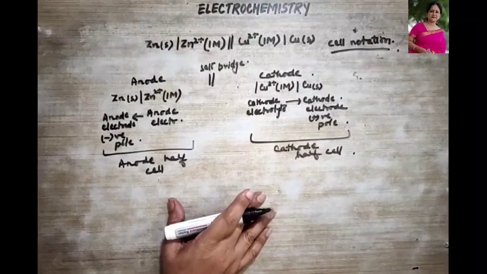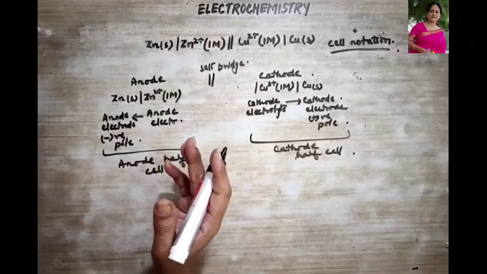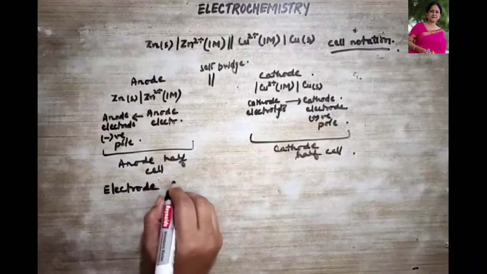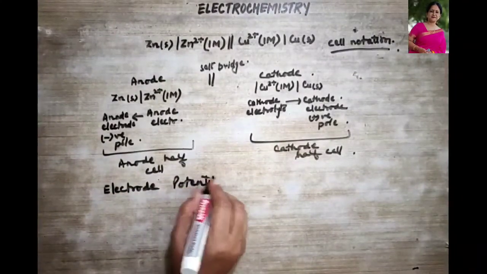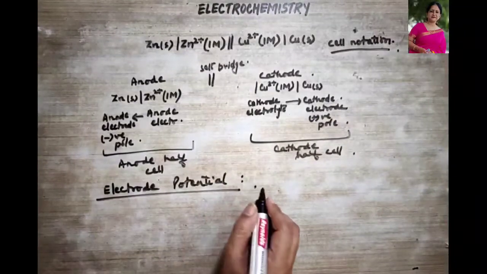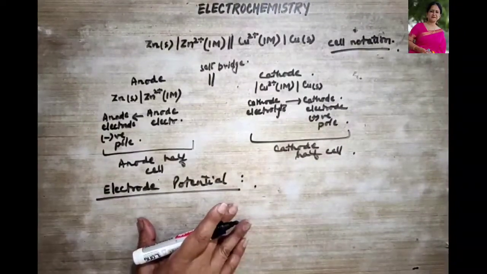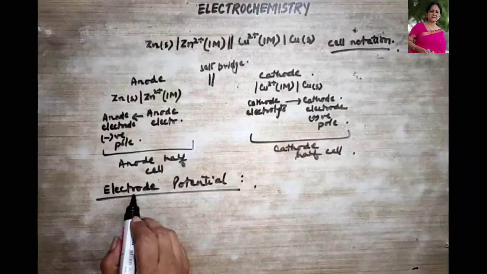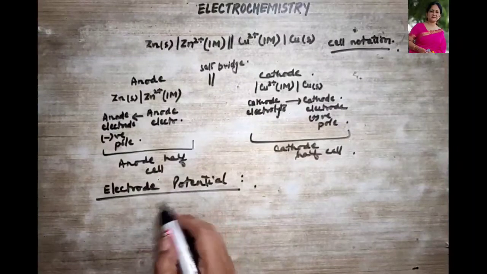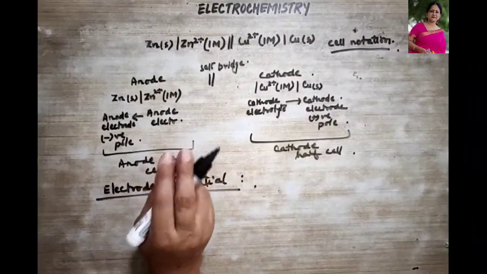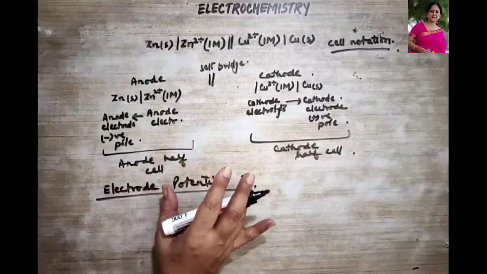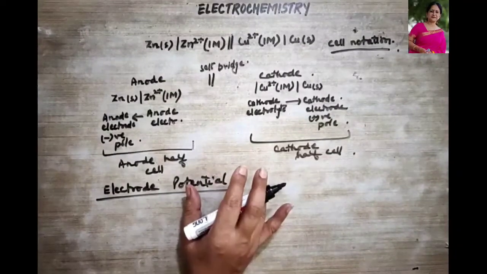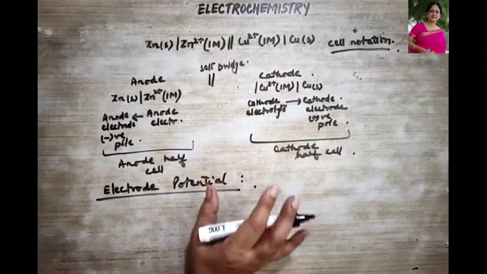Now let us understand the electrode potential. What do we mean by electrode potential, right? So the electrical potential difference that is set up between the metal and its ions in the solution, that is called electrode potential, or you can say the tendency of an electrode to lose or gain the electrons when it is in contact with the solution of its own ions, then it is called electrode potential.